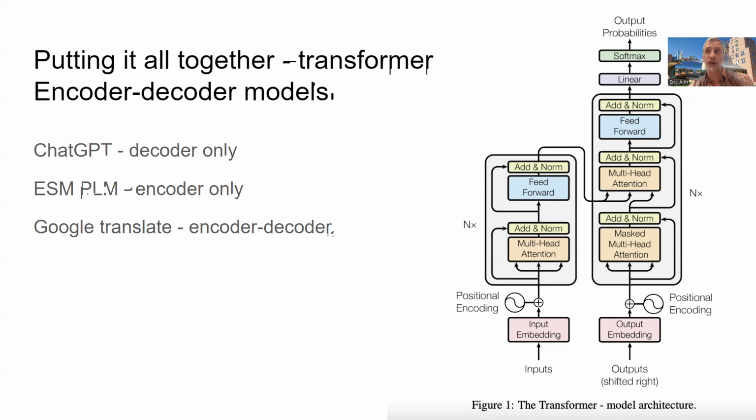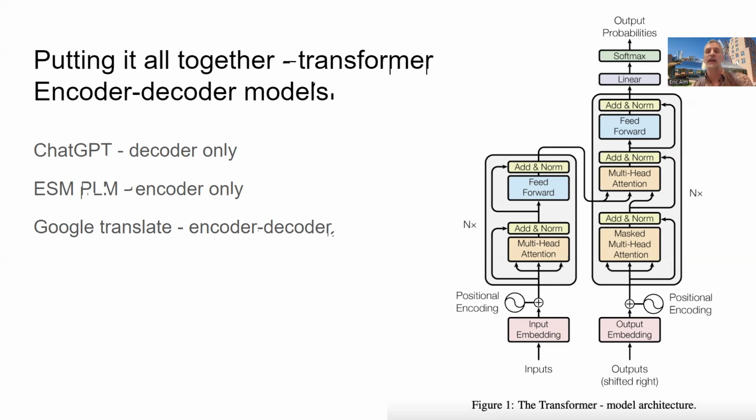In our encoder-decoder, we want the decoder to not only be able to look at the other words in the sentence that I'm producing in French, but we want it to be able to look back at the English sentence. And we're going to look at the output of the very last transformer block in the encoder. That's a cross attention. So we do a self attention, we do a cross attention, and then we put that into a feed forward network. And we do that some number of times.